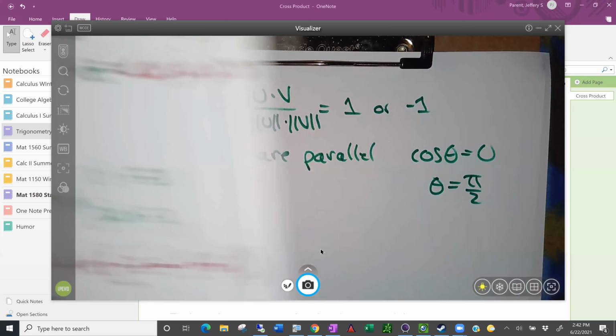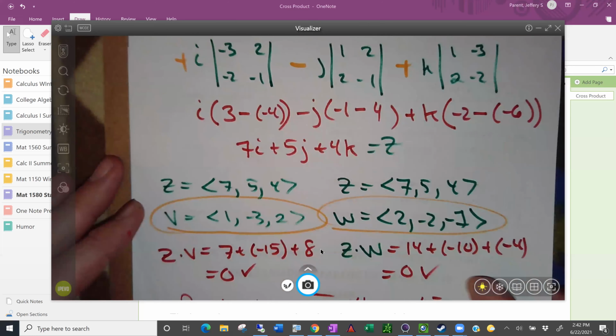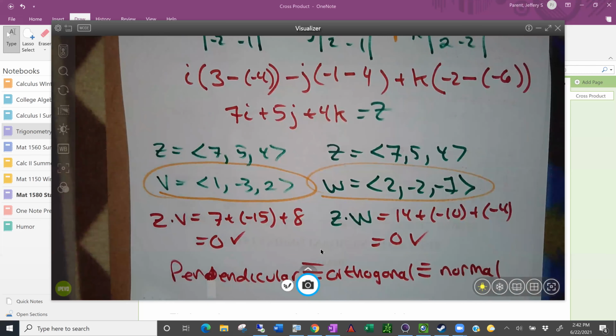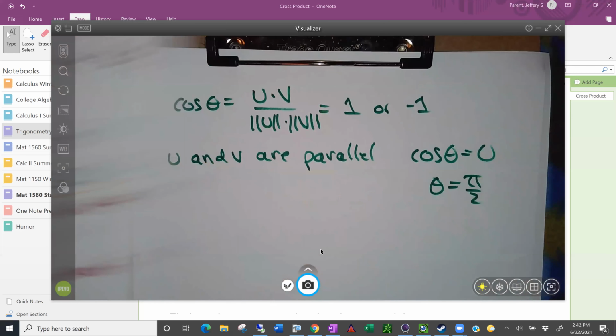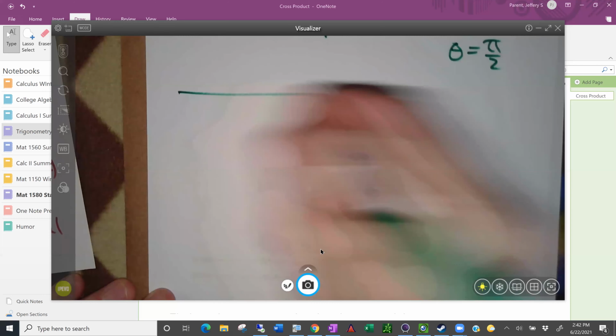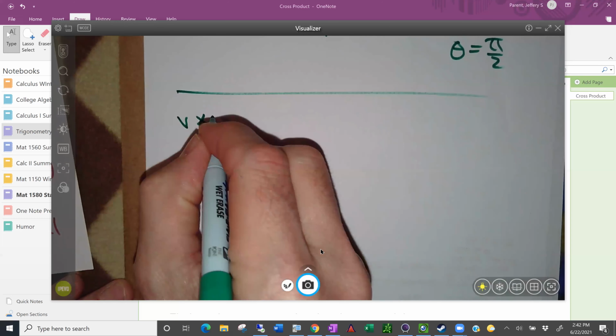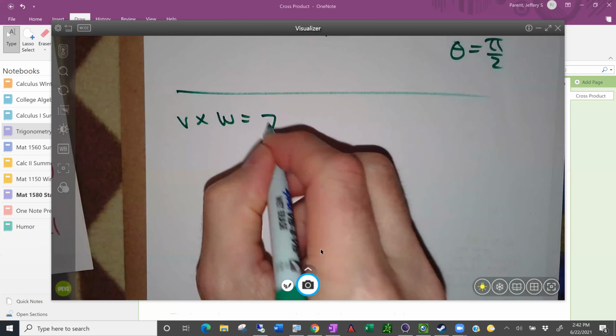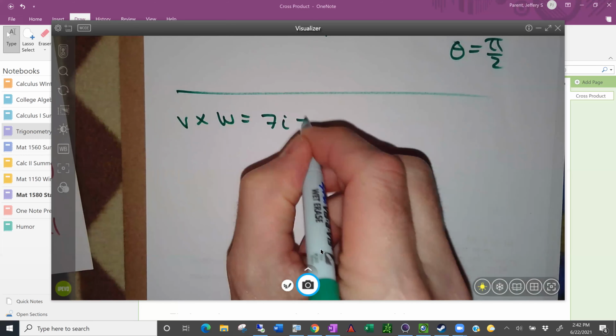All right, there's more that we can get out of this. We're going to get a lot more out of this with almost no work. So just a moment ago, I calculated V cross W, and I got 7i plus 5j plus 4k.